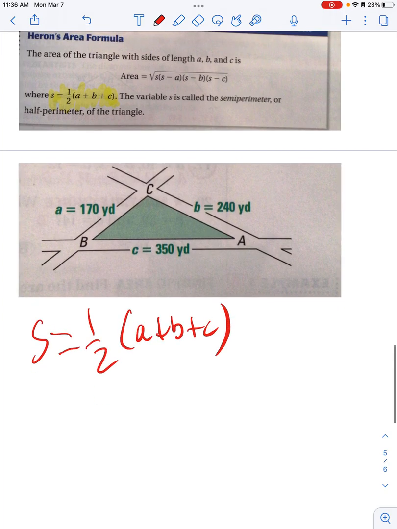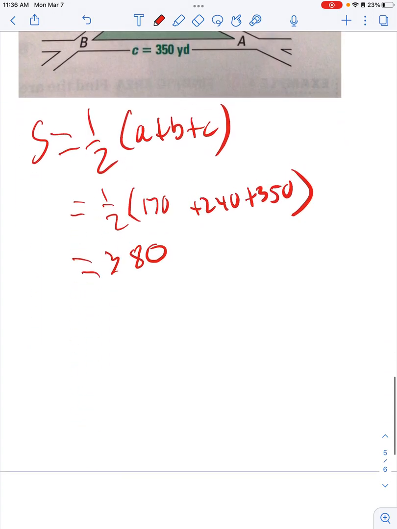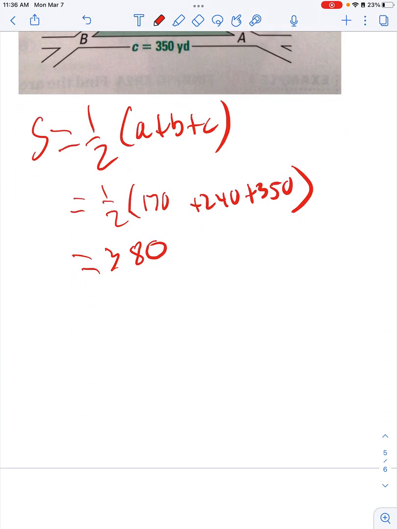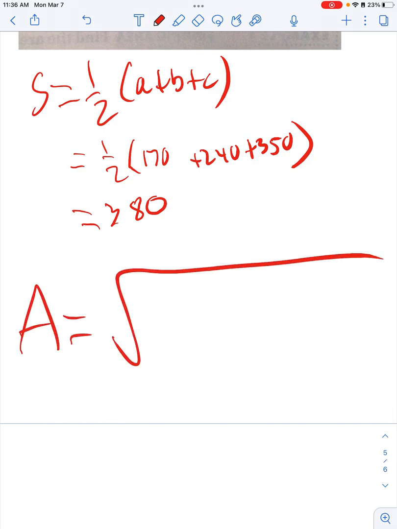The first job is to find S. So again, S equals 1/2 times A plus B plus C. Plugging in what I know, 170 plus 240 plus 350 multiplied by 1/2 equals 380. So S is 380. Once I know what S is, the rest of my formula becomes pretty easy.